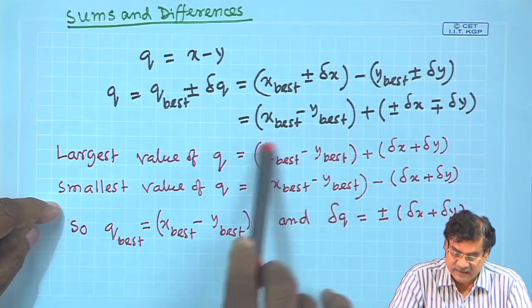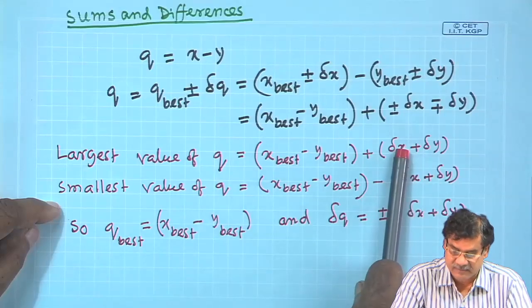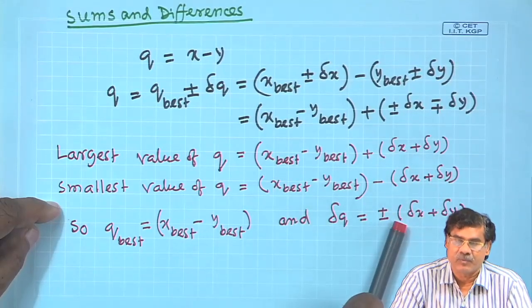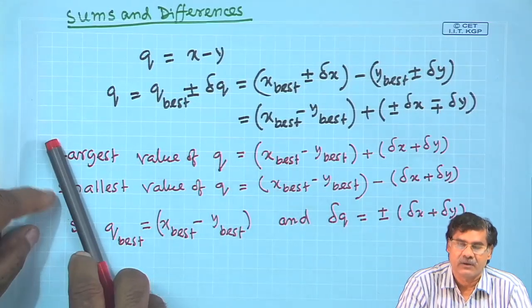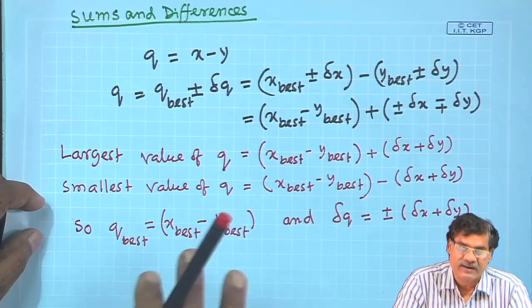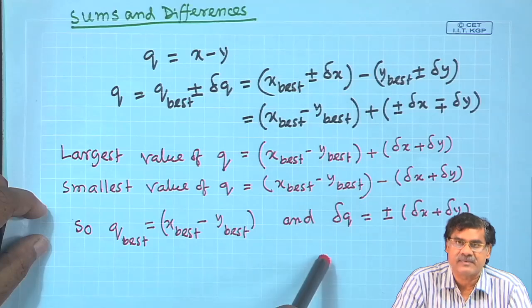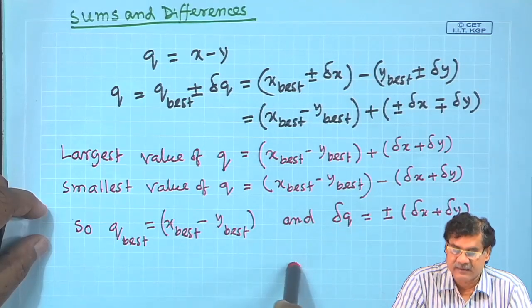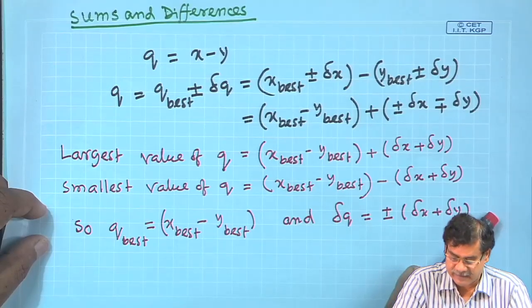Here this is the value, but the uncertainty is whatever individual uncertainties, that will be added for the uncertainty of the calculated quantity. Okay. So for summation and difference, in both cases the maximum probable error is basically the summation of the individual errors, right.